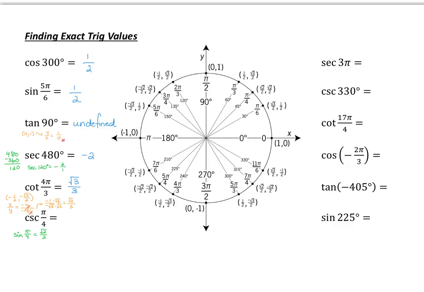But remember that in order to get that, what we did was 1 over radical 2. And it's easier to flip 1 over radical 2. So I'm going to flip that, and I just get positive radical 2. And so the cosecant of pi over 4 is going to be just radical 2.